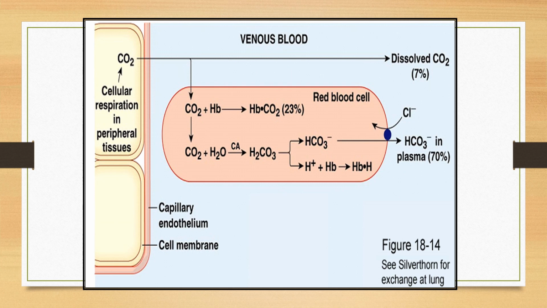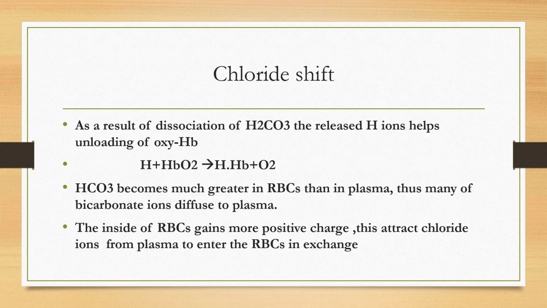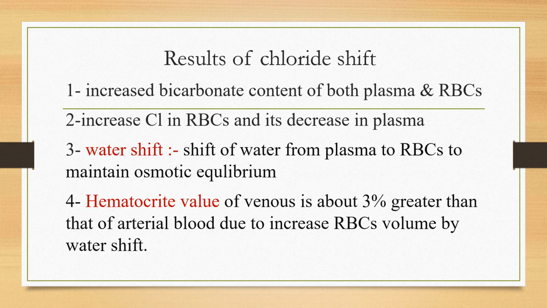What will occur in the chloride shift? The bicarbonate will increase in RBCs and also in plasma. The bicarbonate will pass into plasma in exchange with chloride, and water passes with it, so the volume of RBCs will be about 3% greater.